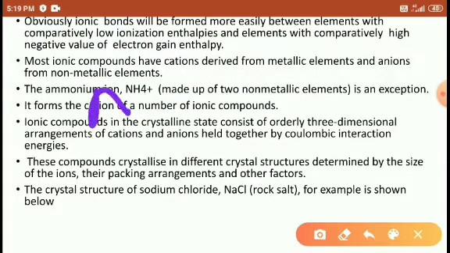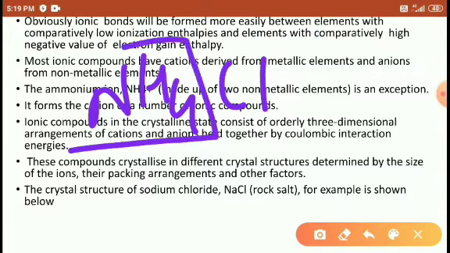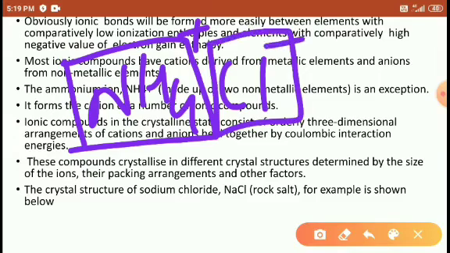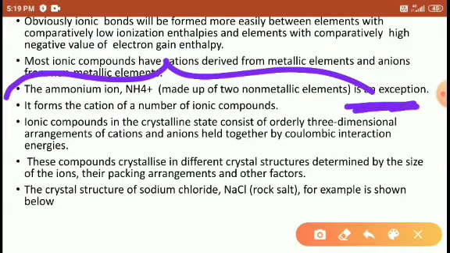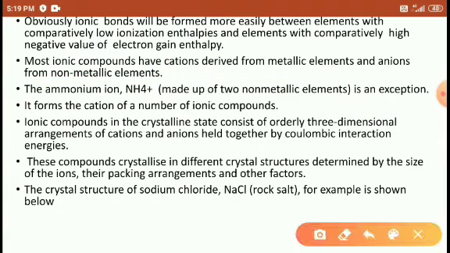In ammonium chloride, NH4Cl, the positive species is made up of non-metals, and the negative species is also a non-metal. So this is one of the exceptional cases in which both the positive and negative charge are made up of non-metals.